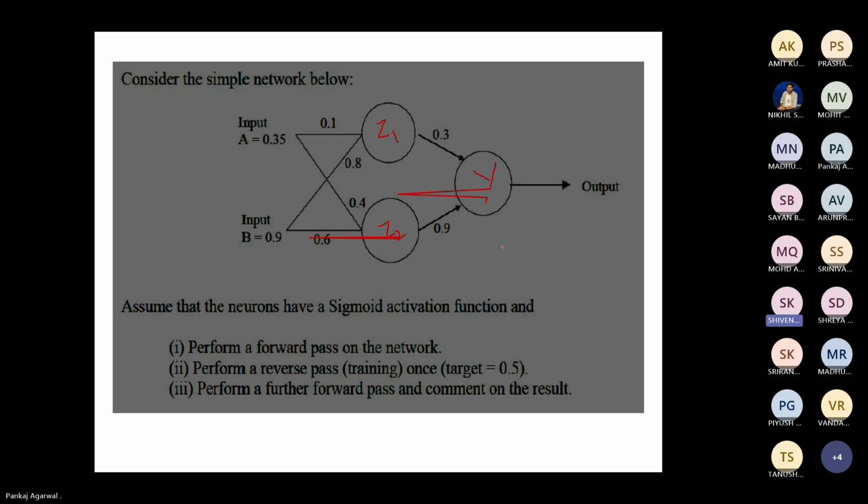Calculation of Z1, Z2. Yes, first we would calculate Z1 and Z2. Everyone knows the formula. Z1 is 0.35 into 0.1 plus 1.08, plus 0.9 into 0.8, right? And then whatever activation function I apply, say for example, sigmoid. So some calculation would happen.